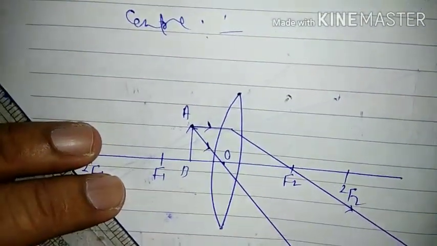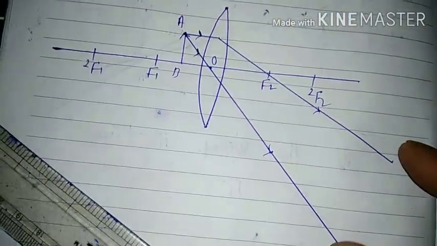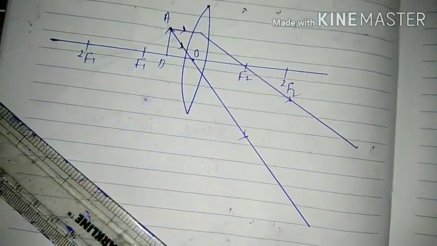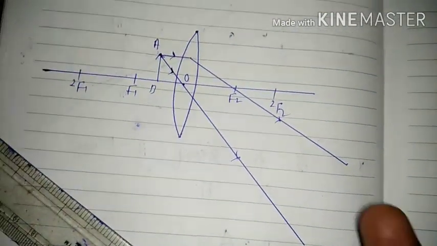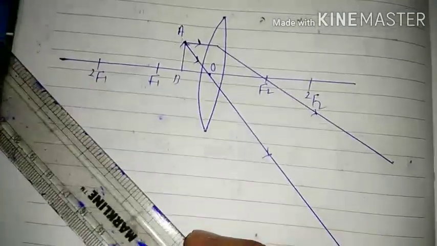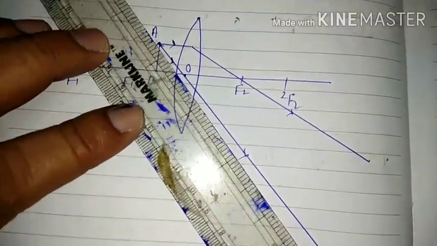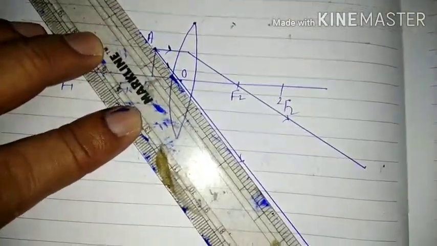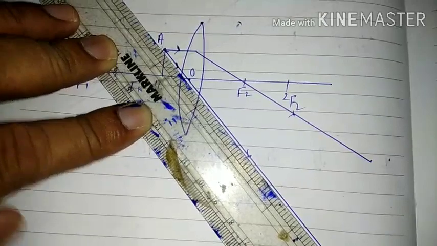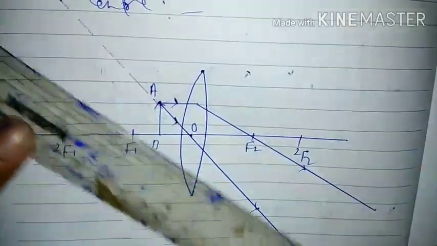What we see here is that these two rays diverge. That is, the distance between these two rays increases gradually, and it is not possible for the two refracted rays to meet really. What happens in such situations? We extend the rays backward, with a dotted line.